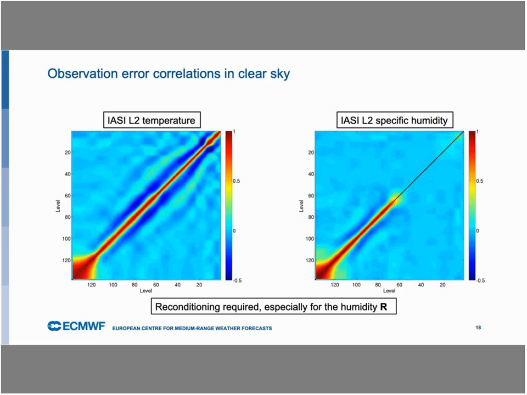So the levels here are the ECMWF model levels from 137, which is close to the surface, up to level 1, which is in the stratosphere. And yes, the level 2 products are given on the model levels, so that's why the correlations are also derived on these levels.